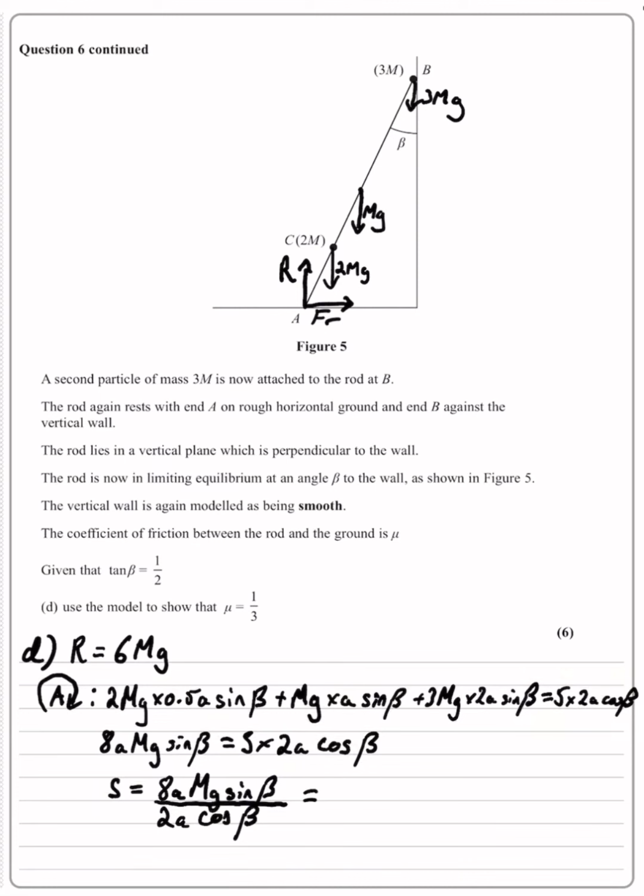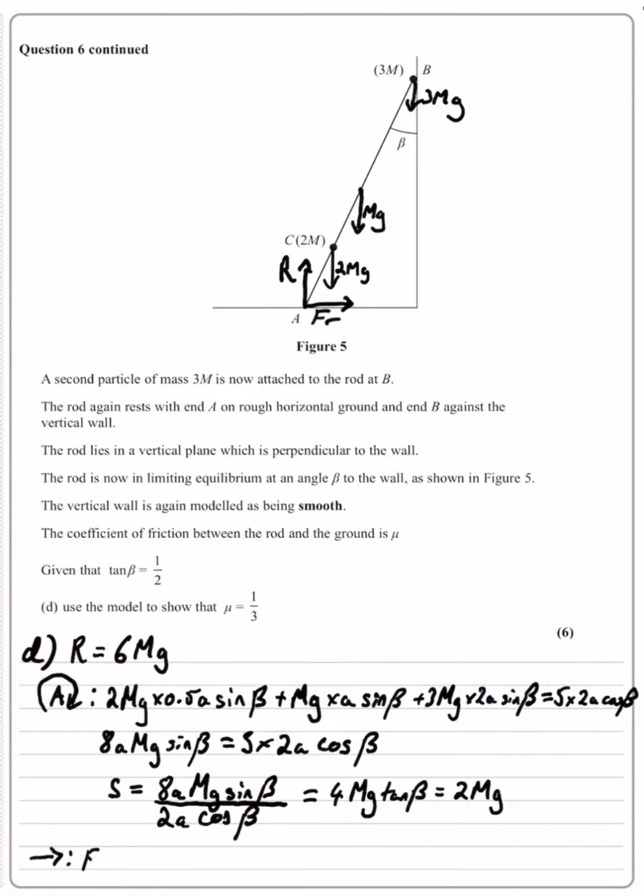And lots cancels there. The 8 over 2 becomes 4. The a's will cancel. We still have an mg, and the sine beta over cos beta will become tan beta. The question tells us that tan beta is a half, so 4 times a half is 2. Our normal reaction force S is 2mg.